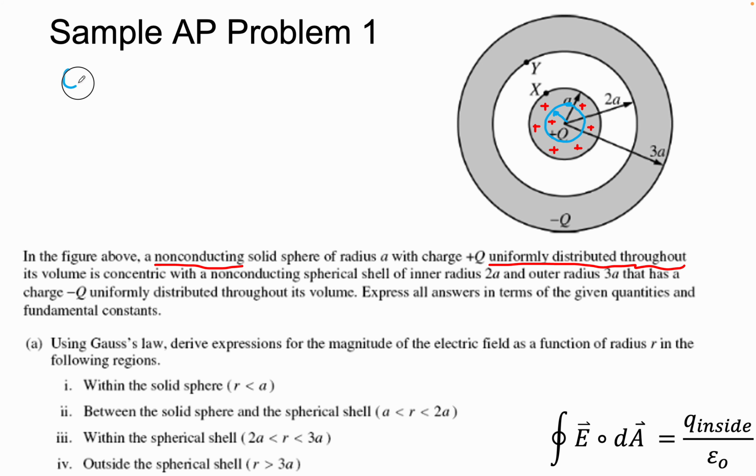Well, you might quickly figure out that it's going to be a ratio of the volumes. The volume that's within my Gaussian surface, 4/3 pi r cubed, over the entire volume of that, which is 4/3 pi a cubed.